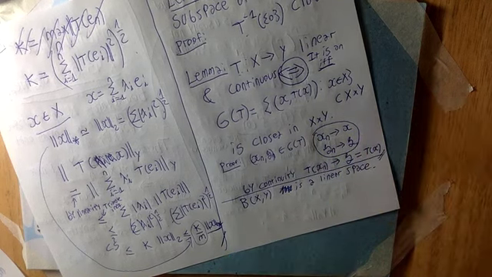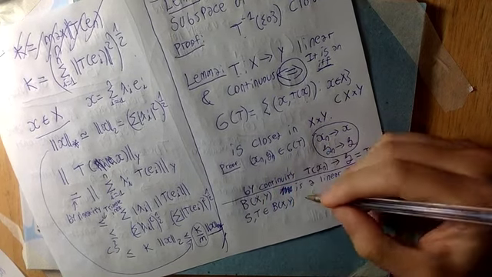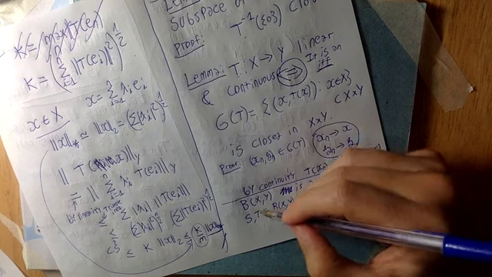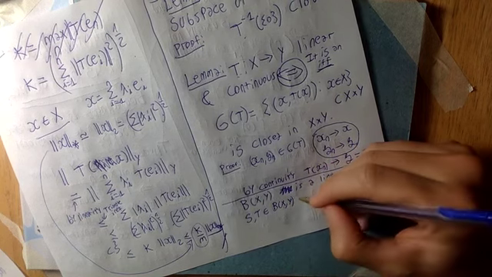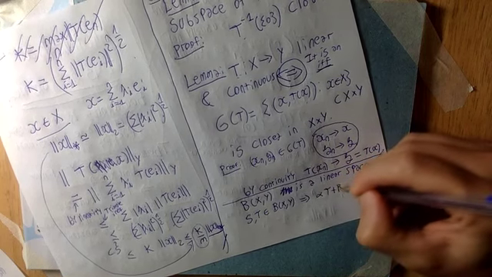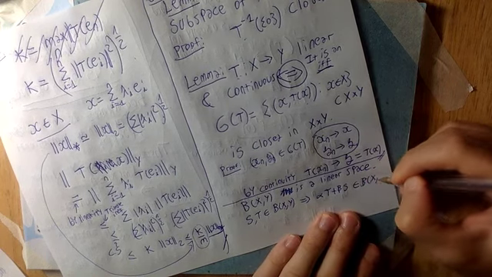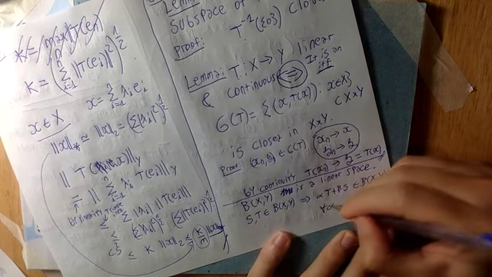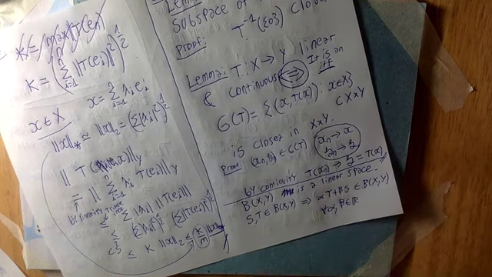Whenever we take S, T in B(X,Y), so these are continuous linear operators from the space X to Y, then alpha T plus beta S is in B(X,Y) for every alpha, beta in R.